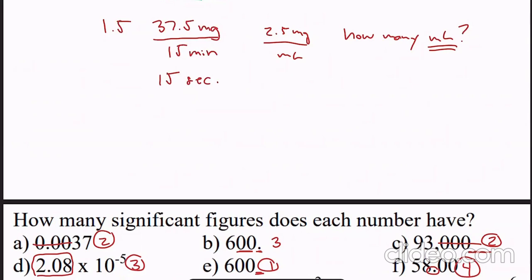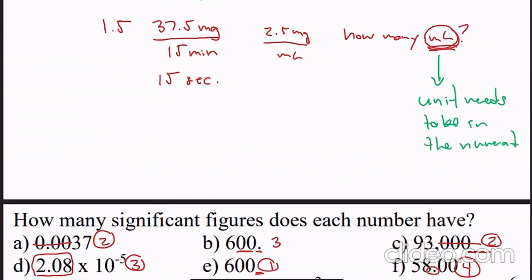When I look at this question, if the question is asking how many milliliters, this unit has to be in the numerator. If I'm asking how many milliliters, I don't want to know how many per milliliter.